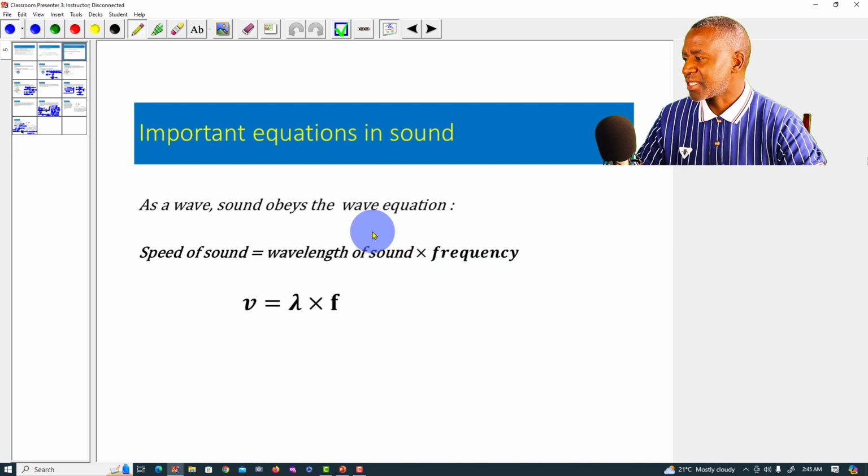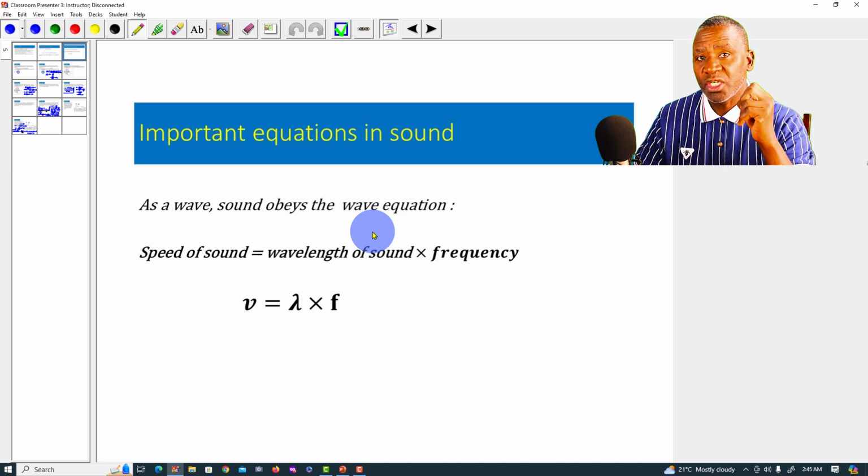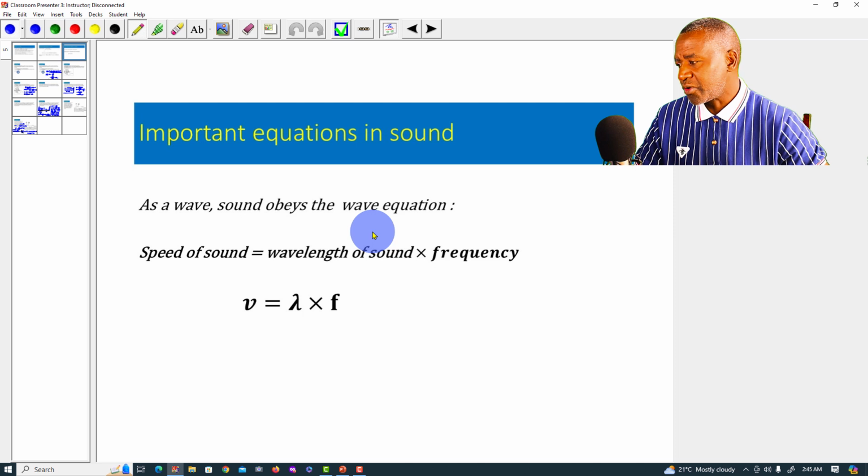As a wave, sound observes the equation: the speed of sound is equal to the wavelength of sound times the frequency of the object which is vibrating. Therefore, in symbols, V will be equal to lambda times F. Lambda is a symbol that we use for wavelength, F is a symbol for frequency, and V, of course, is a symbol for speed.